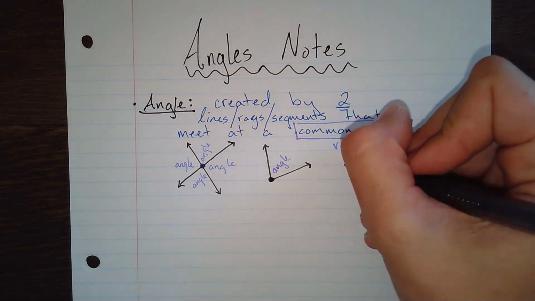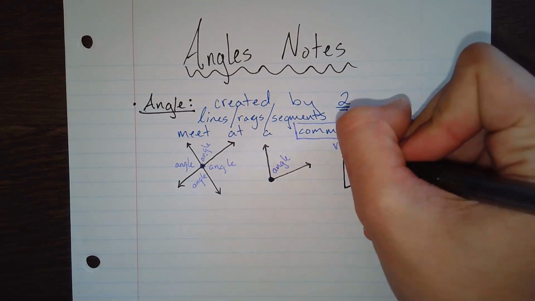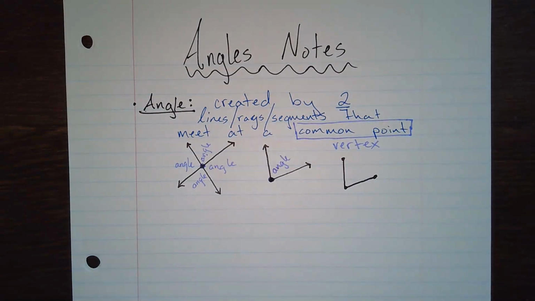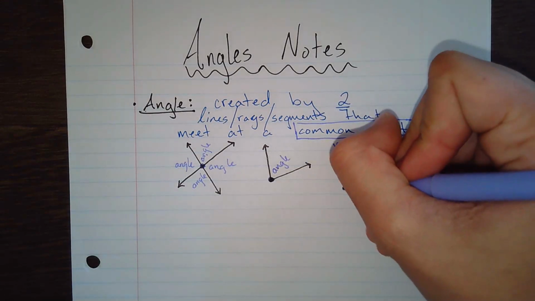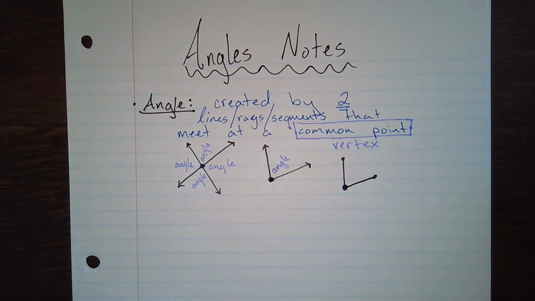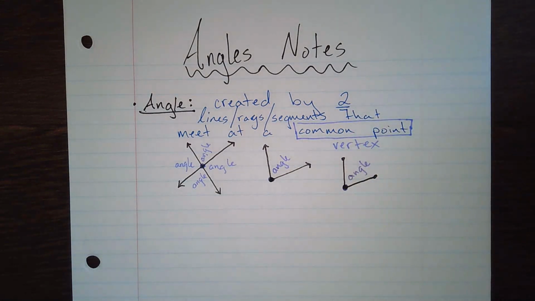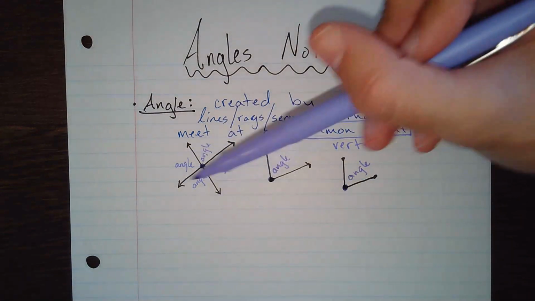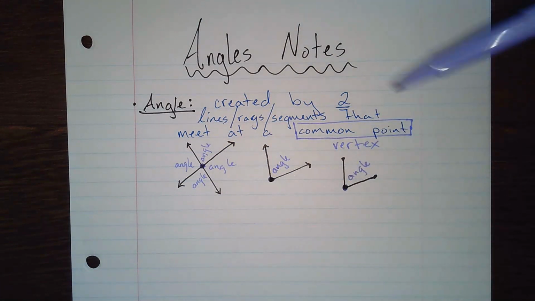And then segments are kind of like lines, but they don't have any arrows. They just end right there. So it looks pretty much like this one, but there's no arrows on the end. And this spot is still going to be our vertex, and then right here is our angle. So we can have angles that are formed by 2 lines meeting, 2 rays that are meeting, and then 2 segments that are meeting.